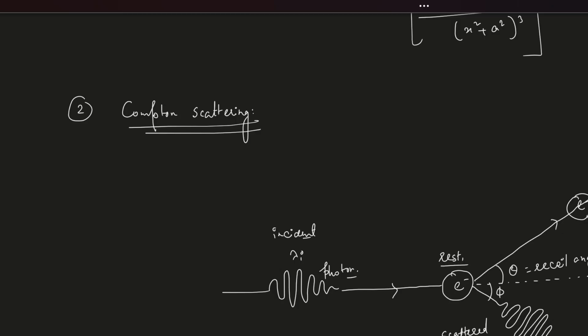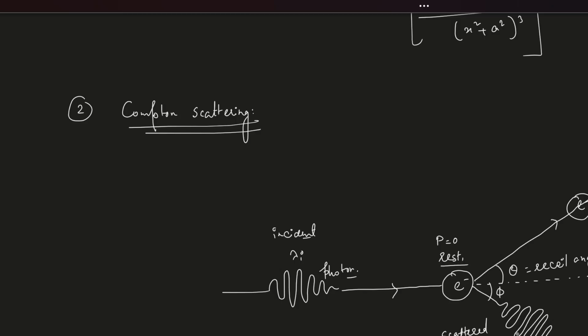Let's say it has gone this way, and because it has now gotten a recoil, it will have a momentum or velocity. Earlier its momentum was 0, and now it has a momentum which we denote as PE, momentum of electron.